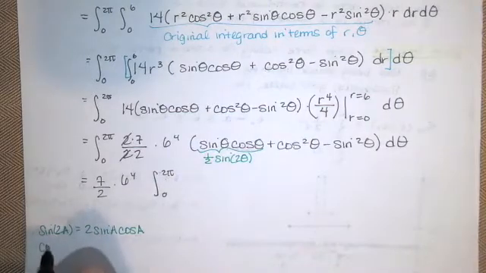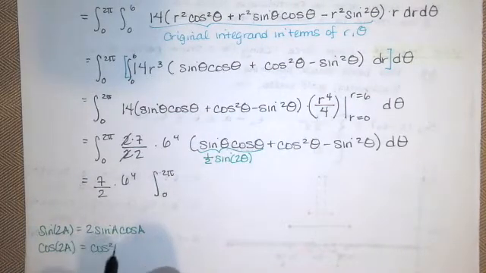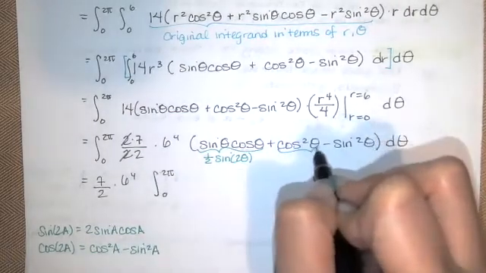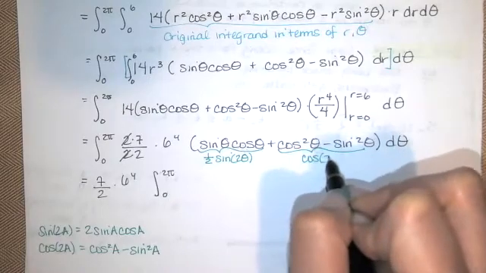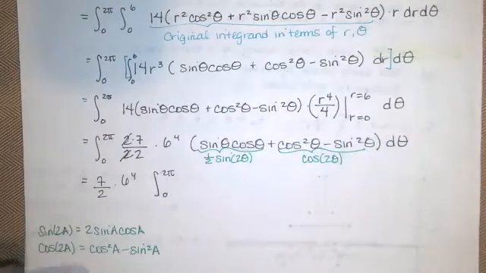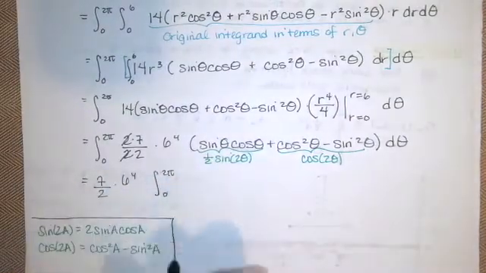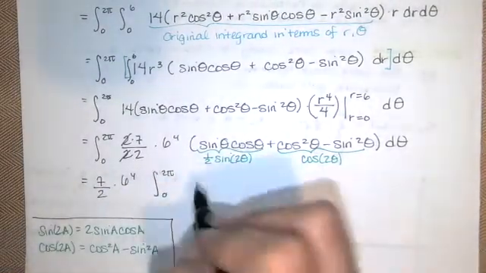And there's another trig identity that says cosine of twice an angle is cosine squared of the angle minus sine squared of the angle. So this is actually cosine of 2 theta. So that is what I will anti-differentiate here, just using those identities.